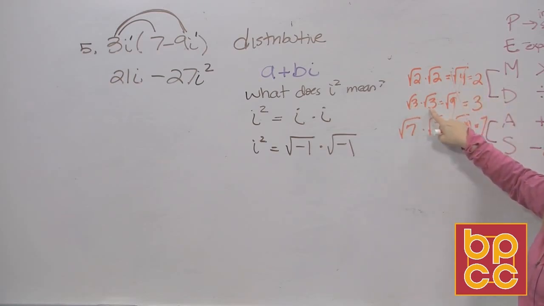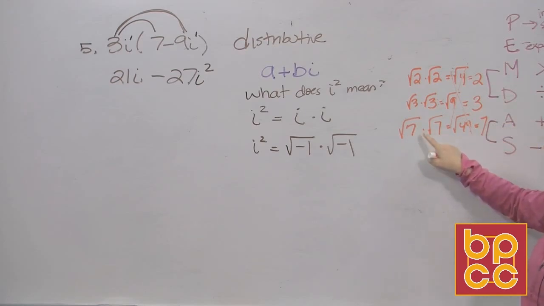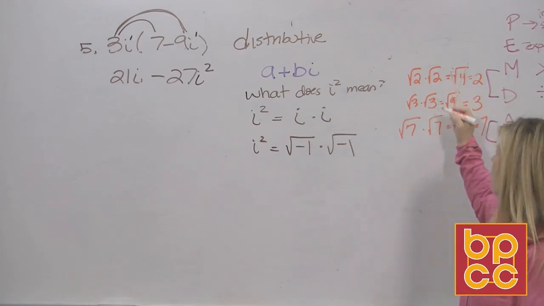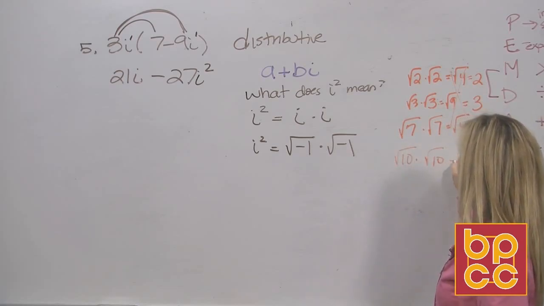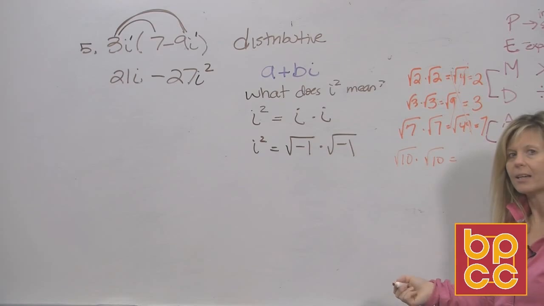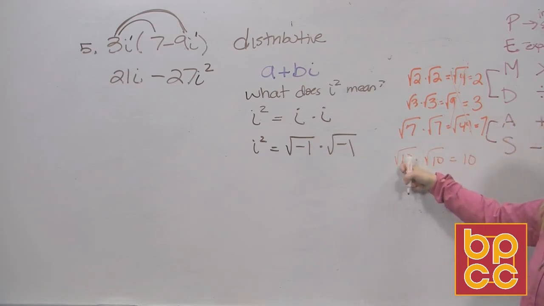The square root of 3 times the square root of 3 is just the number 3. The square root of 7 times the square root of 7 is just the number 7. So if I said square root of 10 times square root of 10, you should just say the number 10, because a square root times itself is just that number.